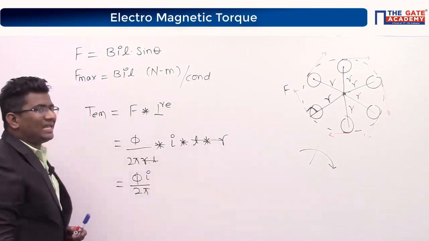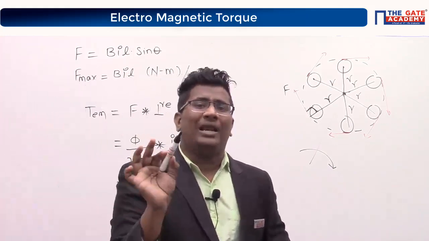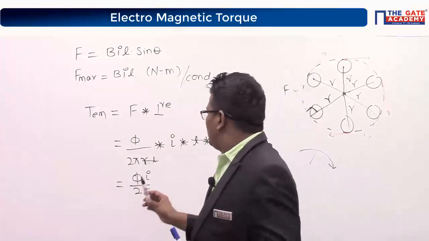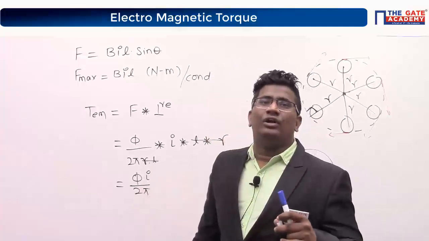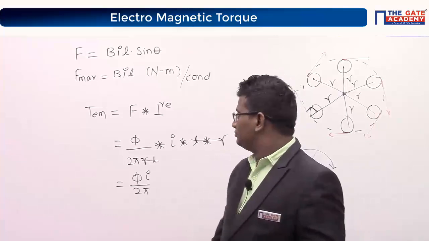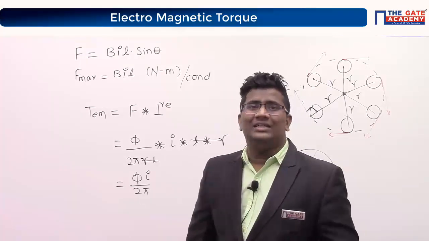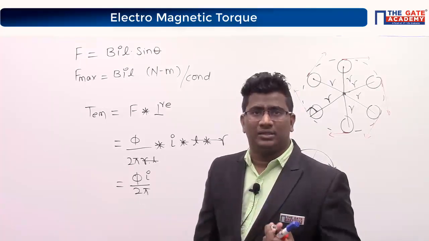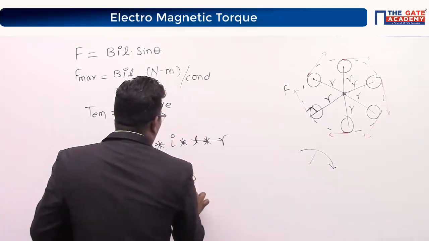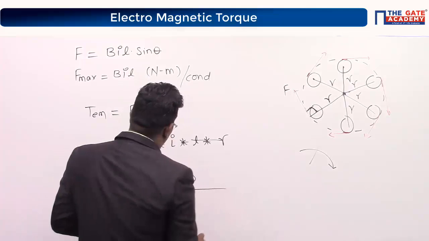Tell me, this I, is it current flowing through per conductor or whole conductors? That small I, per conductor. Therefore, what is the total current then?